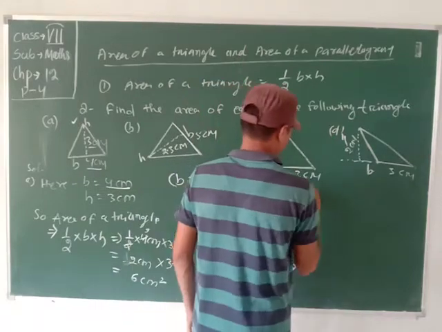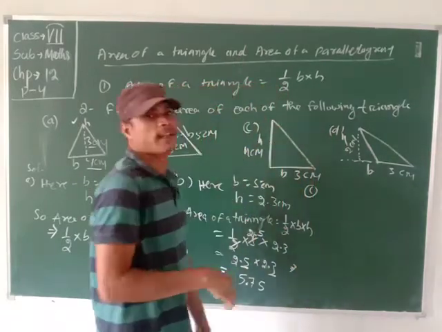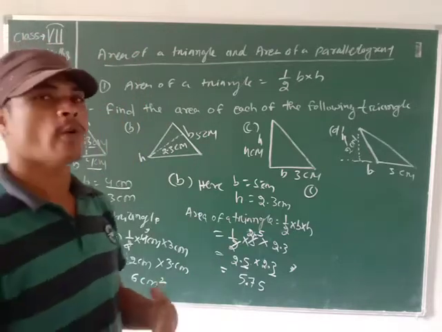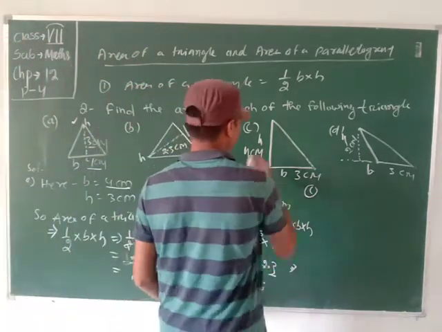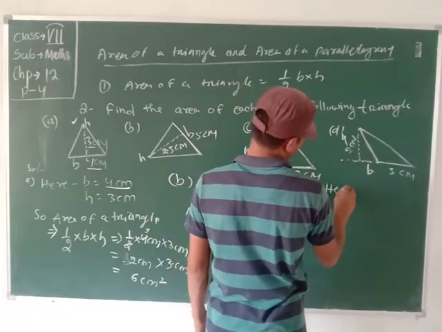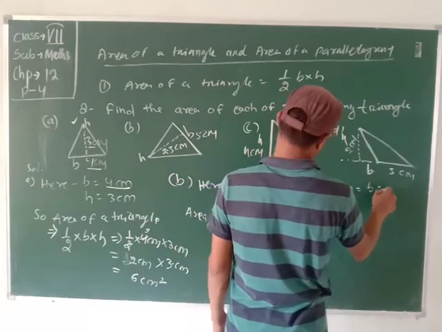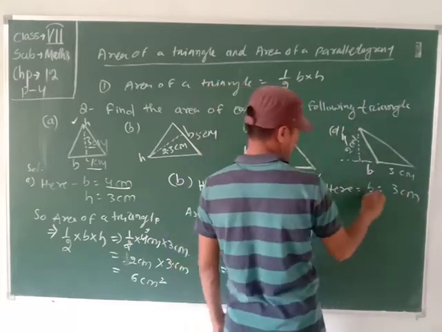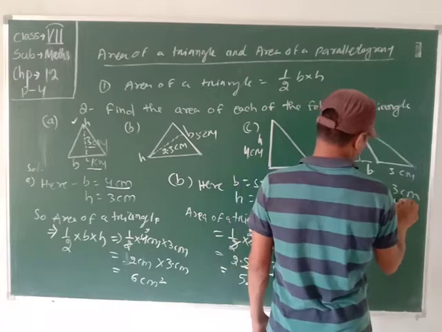Here you can see a right angle triangle, and we know that the area of a right angle triangle is equal to 1 by 2 into its base into height. That is the height, and here is the base. Here b equal to 3 cm and h equal to 4 cm.